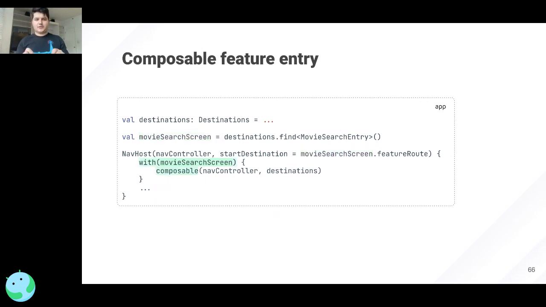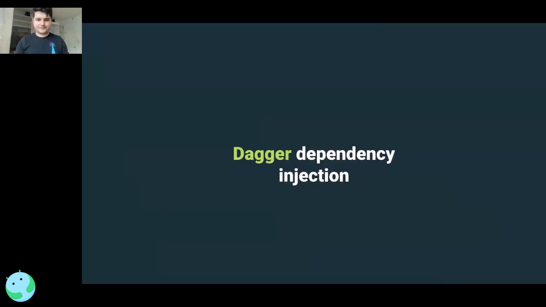We use it like this with the movie search screen because, as you remember, we defined our custom composable function, so this is how we can call it from here. And in this nav host, we can define a lot of entries for different features, and this is how it sets up the navigation for the project overall.